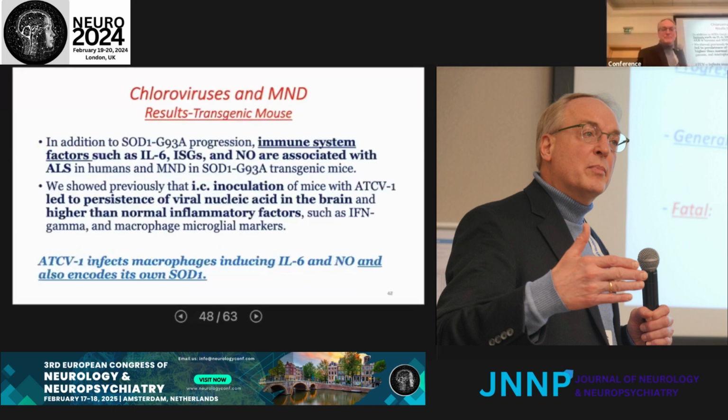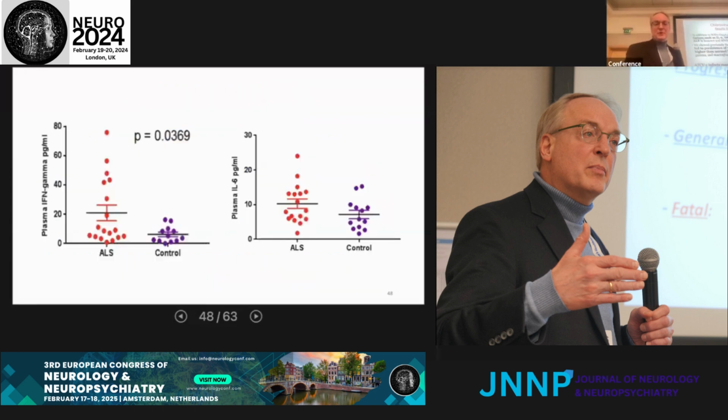Now, in addition to the SOD1 progression, immune system factors, such as IL-6 and ISG, are associated with ALS in humans and MND in these transgenic mice. We had shown previously that inoculation of the mice led to persistence of viral nucleic acid in the brain, higher than normal inflammatory factors, interferon gamma, and macrophage microglial markers, subsequently concluding that the ATCB1 infects macrophages, inducing these inflammatory responses, and it also encodes its own SOD1.